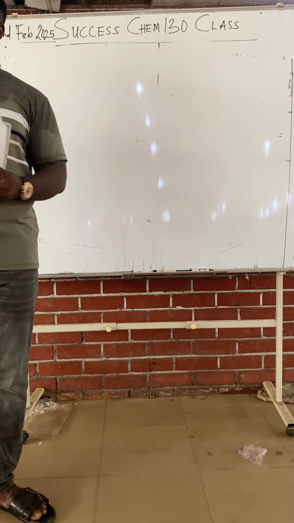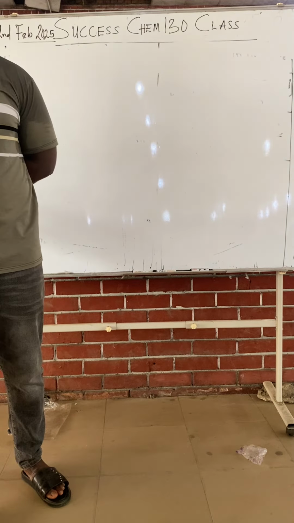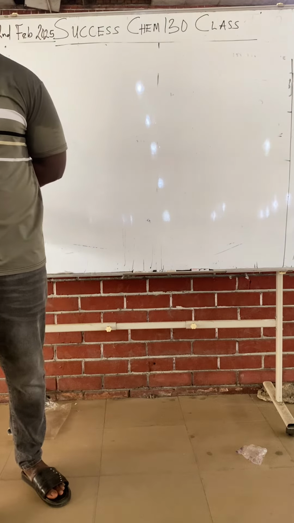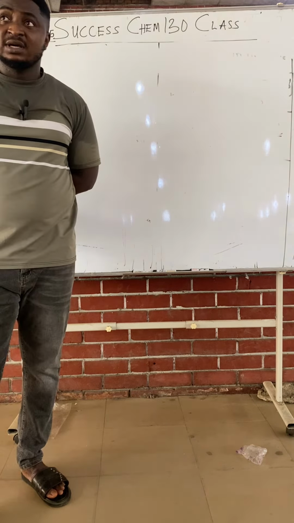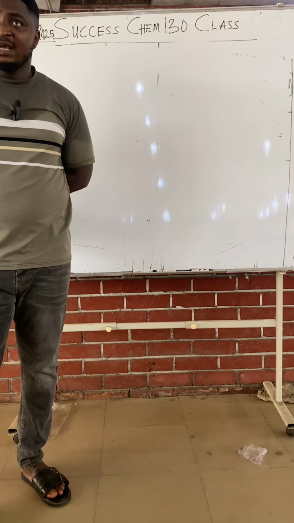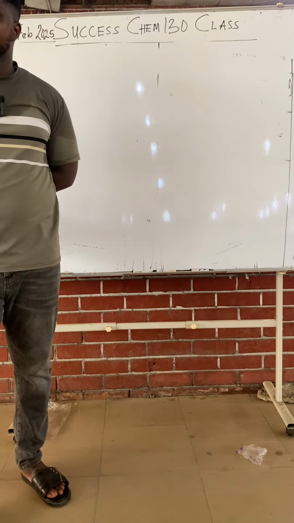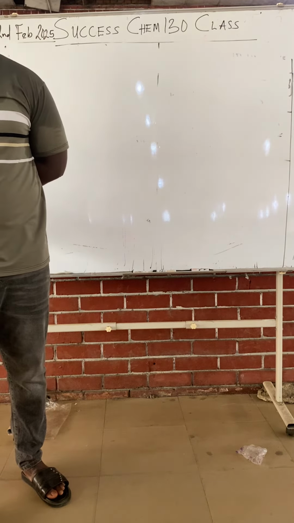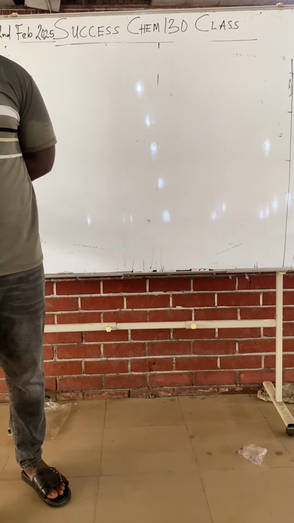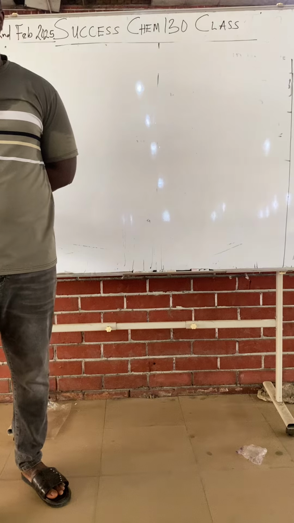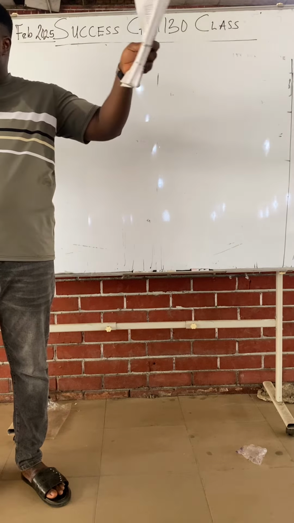So what dilution does to a solution is that it increases the overall volume but reduces the concentration. Dilution reduces the concentration and increases the volume. So there's more solution, but it's lesser concentration.